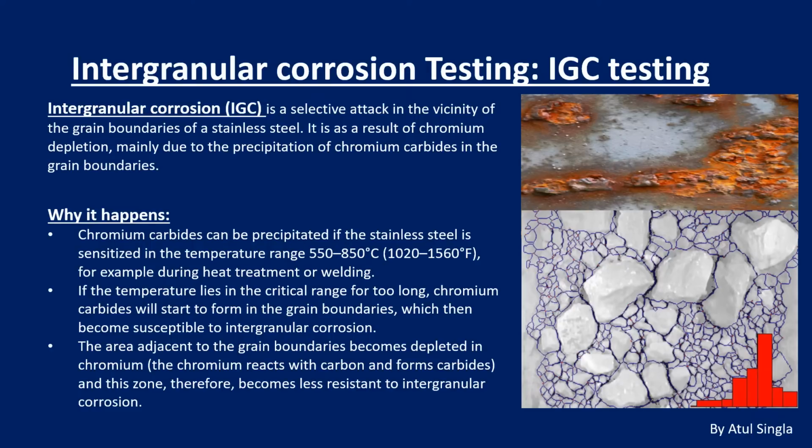The chromium reacts with carbon and forms carbides around this zone, and therefore becomes less resistant to intergranular corrosion. So this is nothing but precipitation of chromium carbides at the grain boundaries when the stainless steel goes through this kind of temperature range, and this generally happens at the time of welding or heat treatment. So this is something about intergranular corrosion.